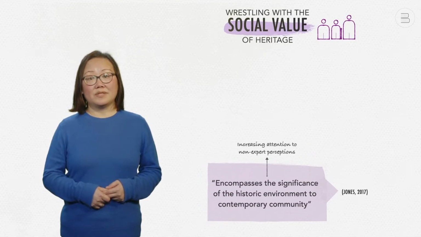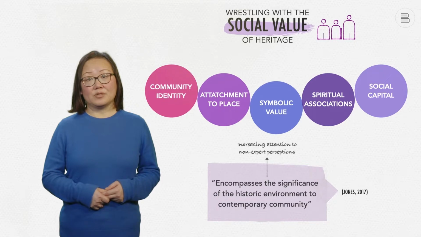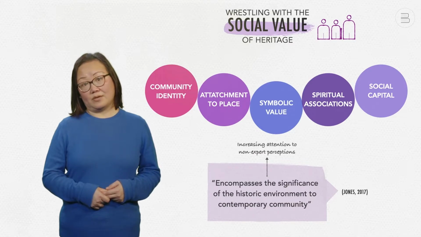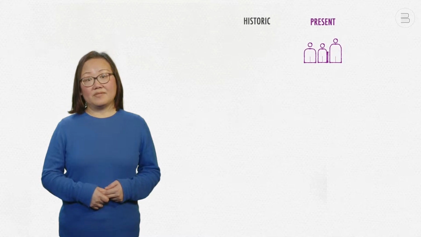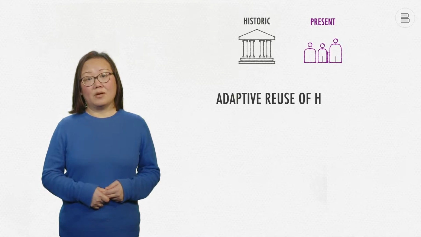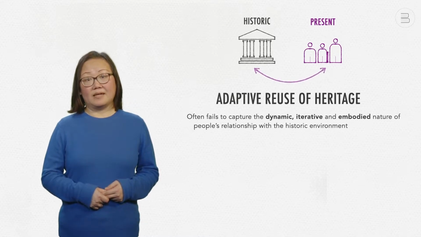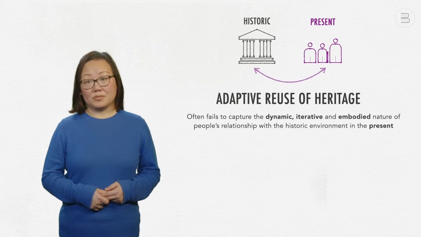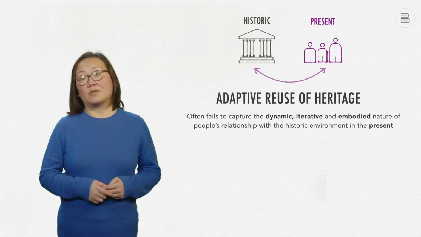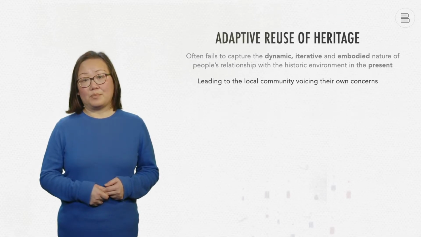This has also coincided with increasing attention to broader, non-expert perceptions of heritage and the communal values associated with these focuses. The adaptive reuse plans of heritage often fail to capture the dynamic, iterative, and embodied nature of people's relationship with the historical environment in the present.